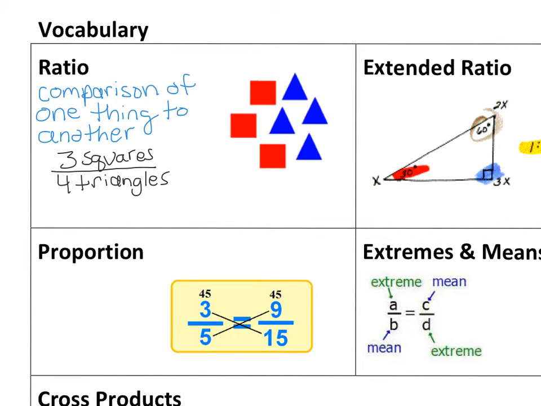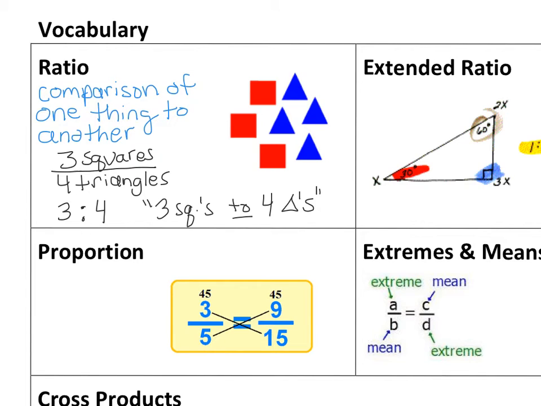But notice I have units here or some kind of description. We can also write ratios, as you know, using a colon. So we could say 3 to 4. And notice the English that I just said. We would say 3 squares, I'm going to abbreviate, to 4 triangles.